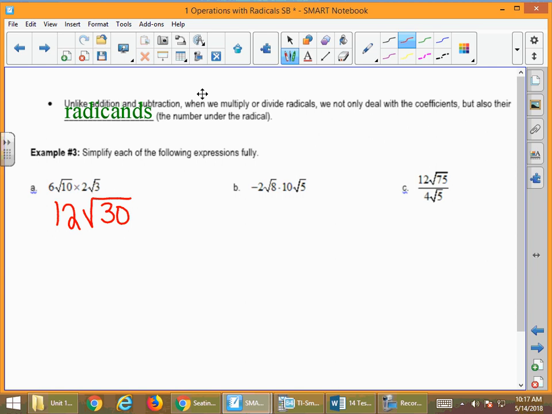It doesn't work out this time, but once we multiply, sometimes we're going to be able to simplify. In this case, we can't. We do not have 2 of the same value to take out 1. So when we multiply, our answer is simply 12 times the square root of 30.